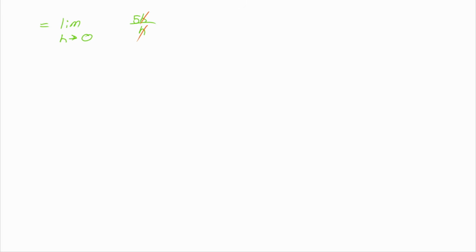So it's the limit as h tends to 0 of 5. There's no way to plug in an h, so we don't even need this. Therefore h prime of x is equal to 5.